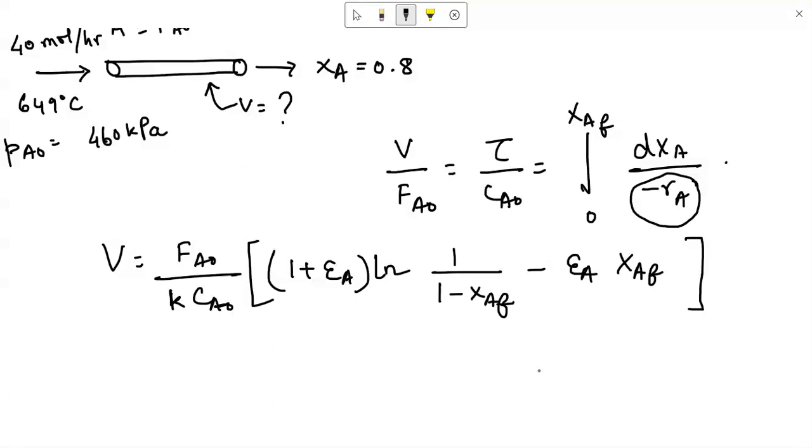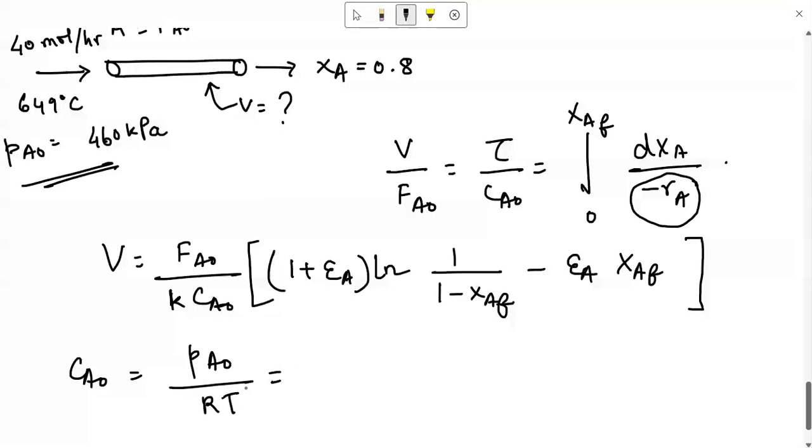Otherwise, it will lead to mistakes. So we need to calculate Ca0 using this Pa0 information. We can write Ca0 equals Pa0 by RT, and with appropriate units and values, you will get Ca0 equals 60 mole per meter cube.